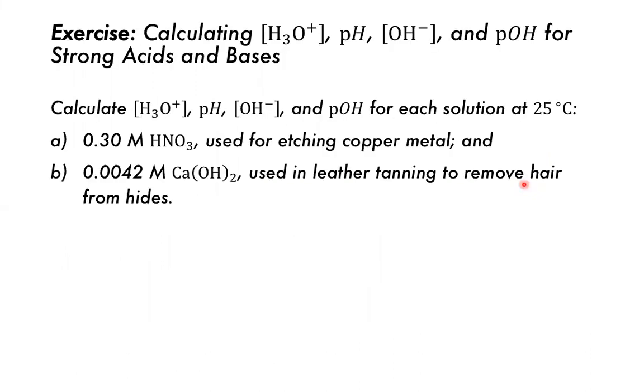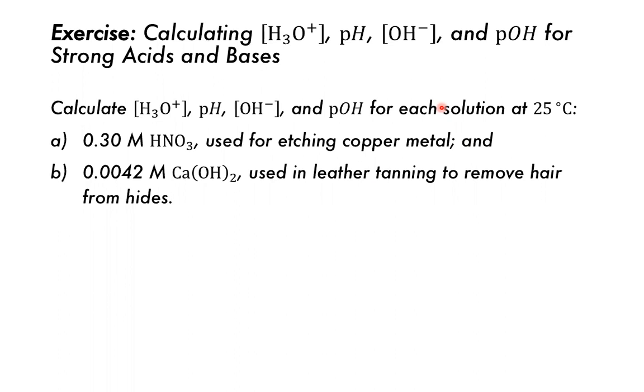And so here is an example of how we can go about using that. Here we're going to be calculating the hydronium ion concentration, pH, hydroxide ion concentration, and pOH for strong acids and bases. We're asked to calculate H3O plus, pH, hydroxide concentration, and pOH for each solution at 25 degrees Celsius.